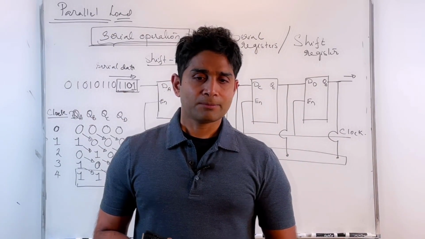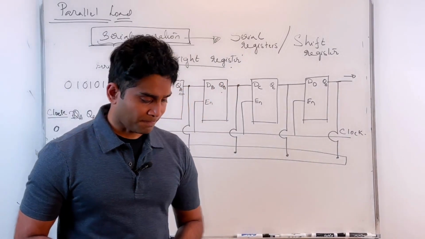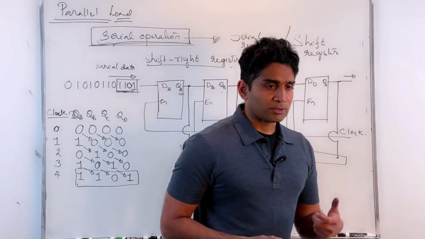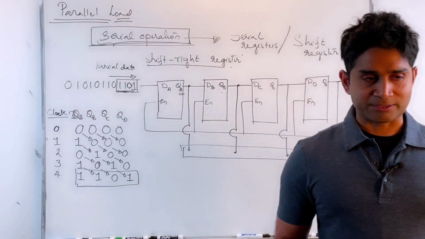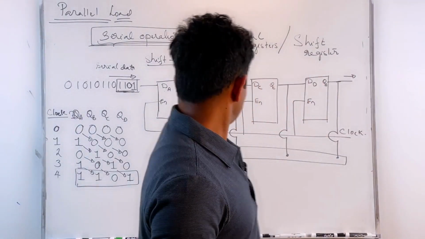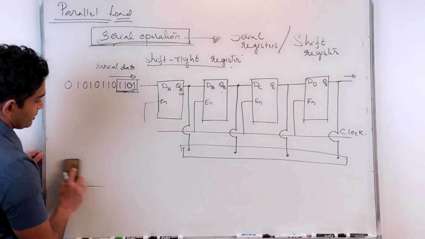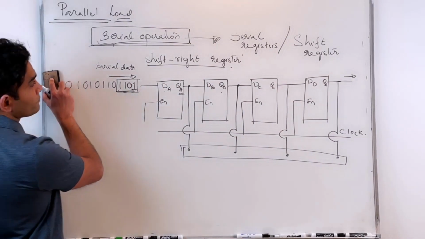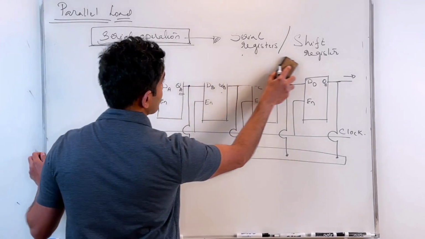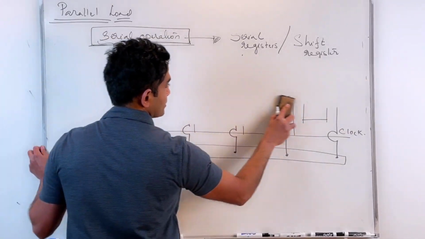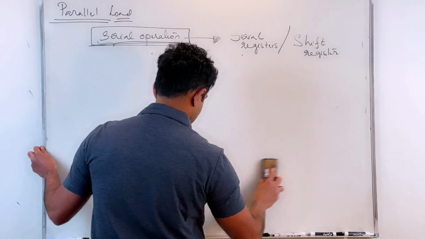Okay. Now we can also construct registers that are so-called universal shift registers. Let's see what the universal shift register is, and then we'll talk about what the applications of these are and how we construct one.